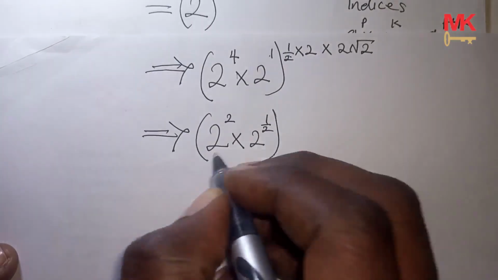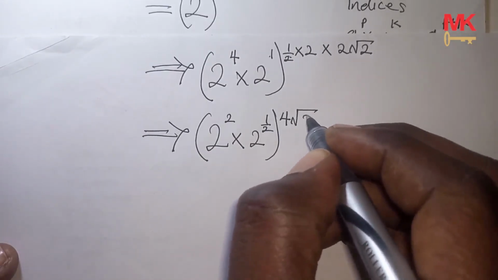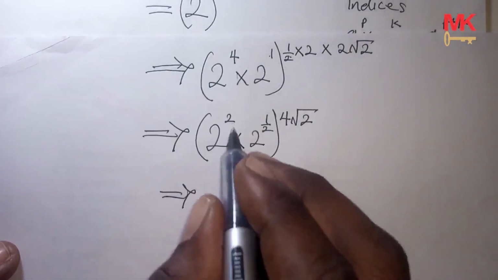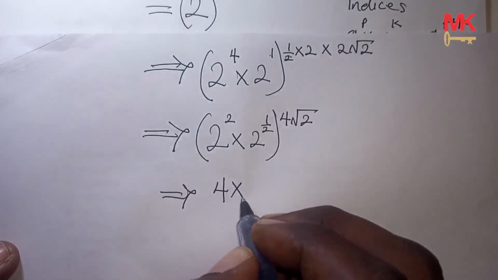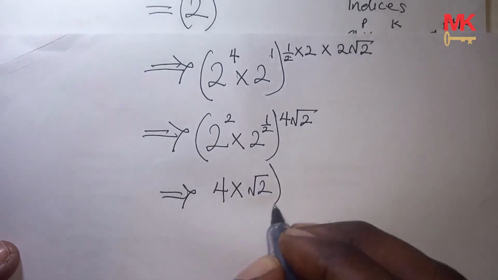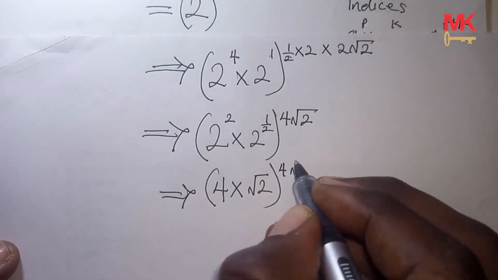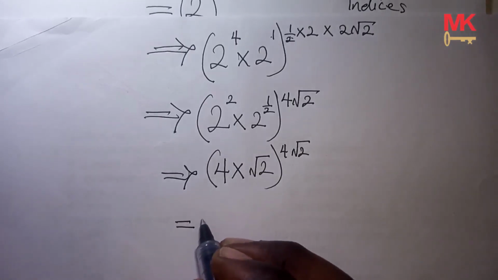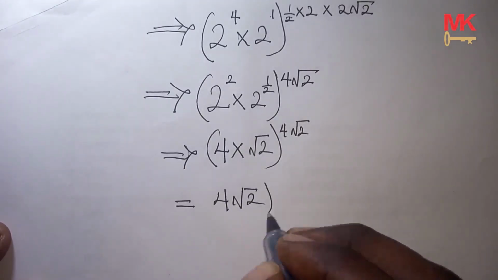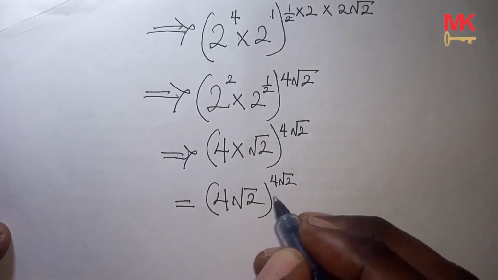We close the bracket, and 2 times 2 root 2 gives us 4 root 2. So at this point, it implies 2 raised to power 2, which is 4, times 2 raised to power half, which is written as root 2. We close the bracket, raised to power 4 root 2. So this is 4 times root 2, which gives us 4 root 2, raised to power 4 root 2.